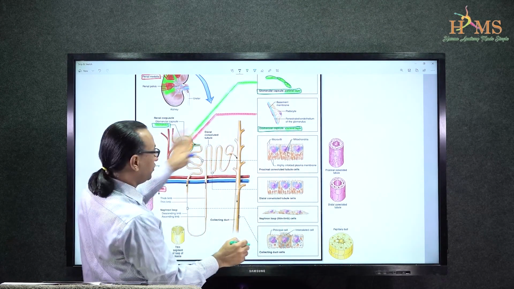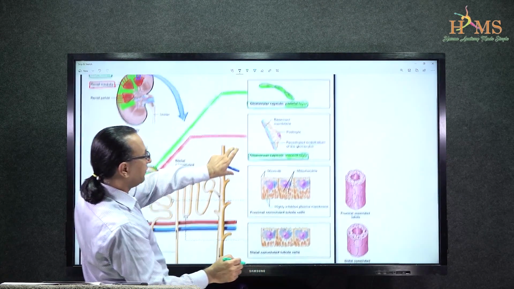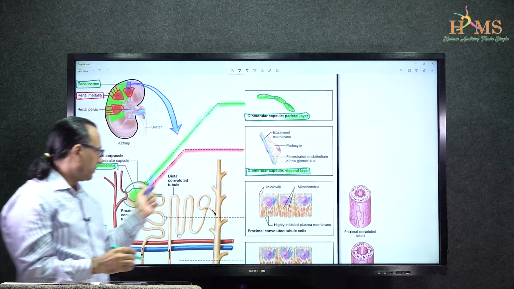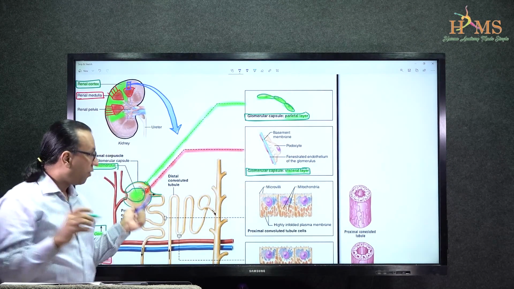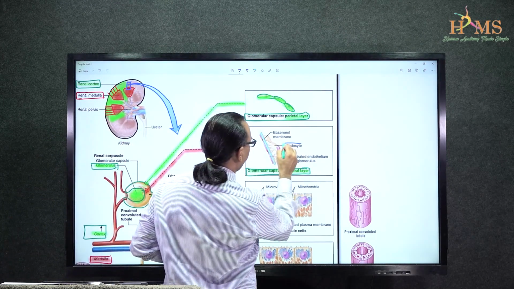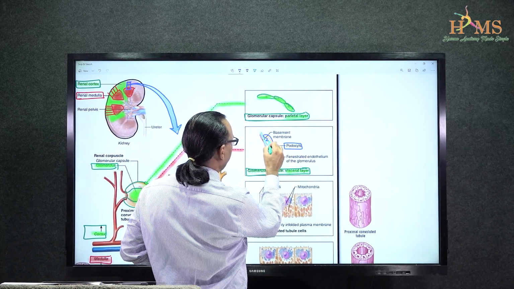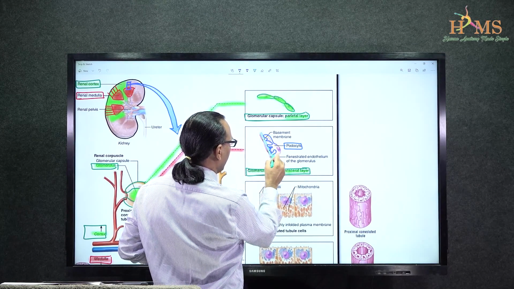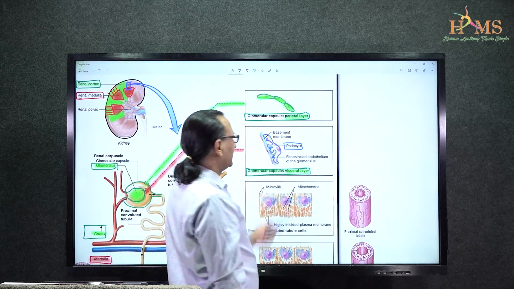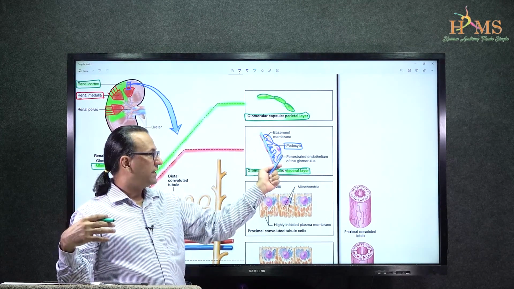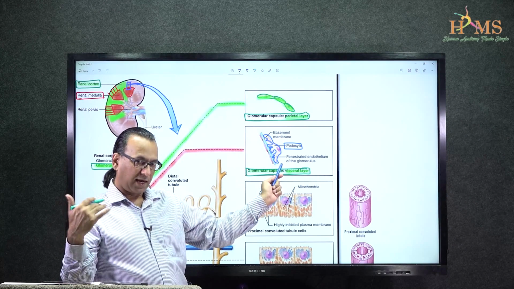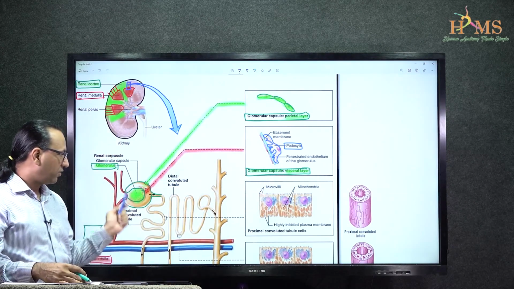And as you zoom it a little bit, you can find there will be some podocytes also in the visceral layer of the Bowman's capsule. And these podocytes, they have multiple foot processes, and they are basically sitting on the basement membrane of both the Bowman's capsule and the capillary endothelium also.